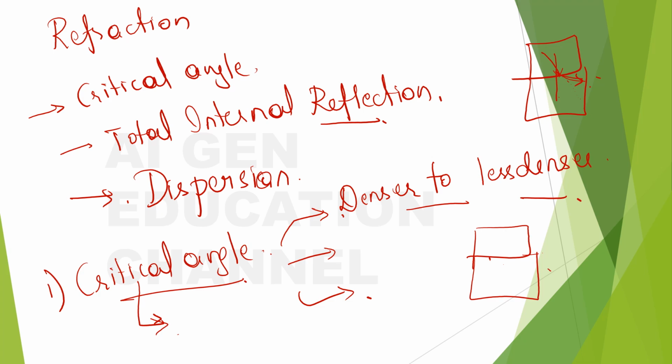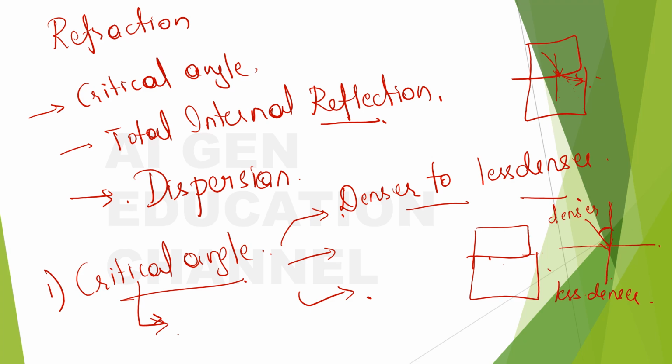Consider this to be the surface. So this is the denser and this is the less denser medium, right? From the denser medium to the less denser medium. When an incident ray has fallen upon this, and this has to pass to the less denser medium, you draw a normal as such. Now we are talking about this angle.